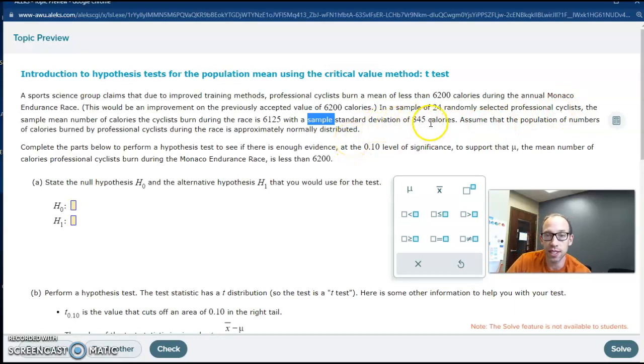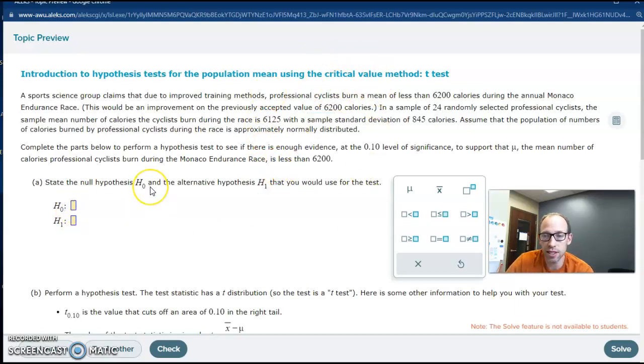But the question is, is the standard deviation that we have coming from the sample or the population? If it's from the sample, we have to use a t-test. If it's population, then we can use a z-test. And z-test is always kind of our plan A, if you will. But other than that, things are going to flow pretty similarly, especially for the critical value method.